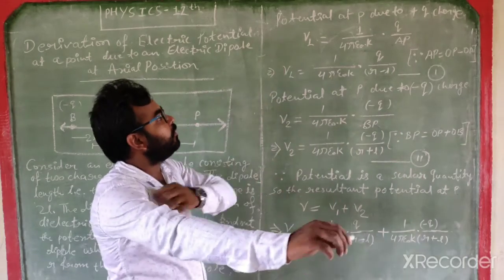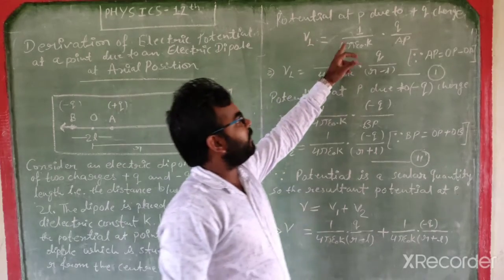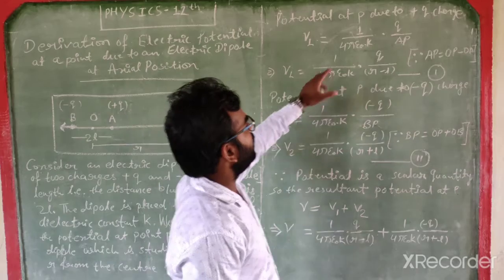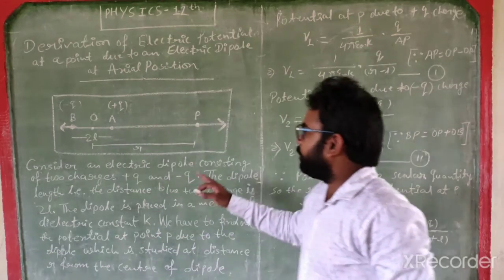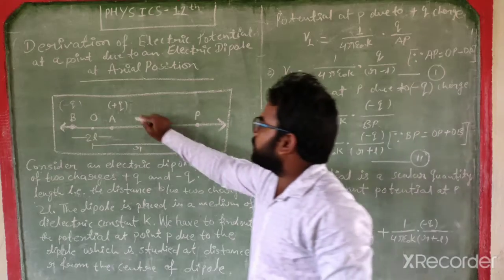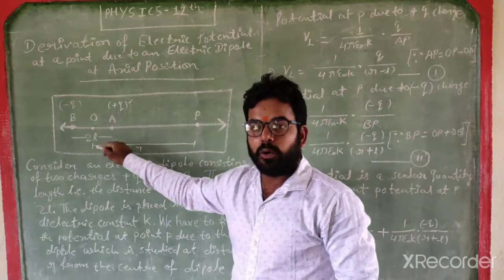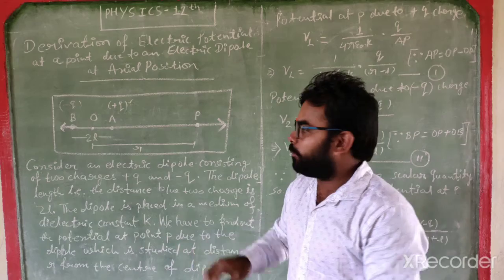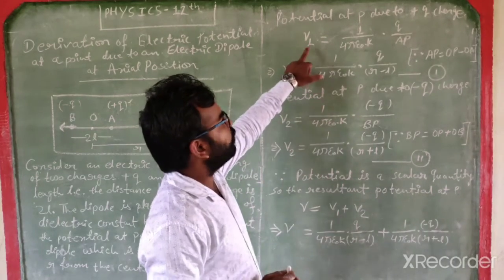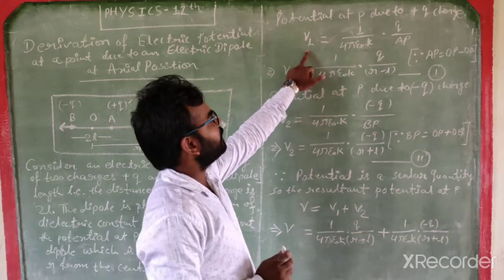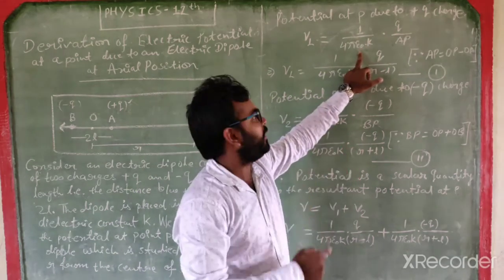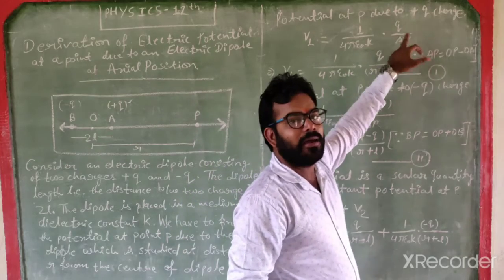Now the potential at P due to plus Q charge. Potential at point P, इस पॉइंट P पर हम लोग देखेंगे कि इस चार्ज प्लस Q की वजह से जो पोटेंशियल होगा, the potential is represented by V1, and V1 is equal to 1 upon 4 pi epsilon naught K into Q by AP.